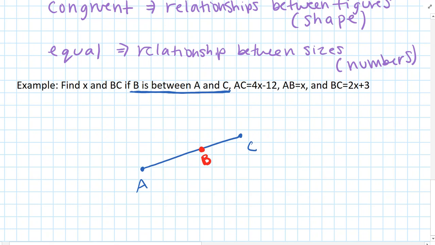And so now I'm going to label these different parts. So I have AB is equal to x, and AC is equal to 4x minus 12, and then BC is equal to 2x plus 3.